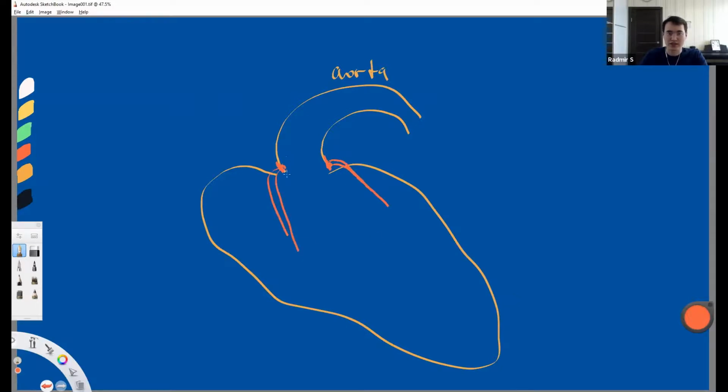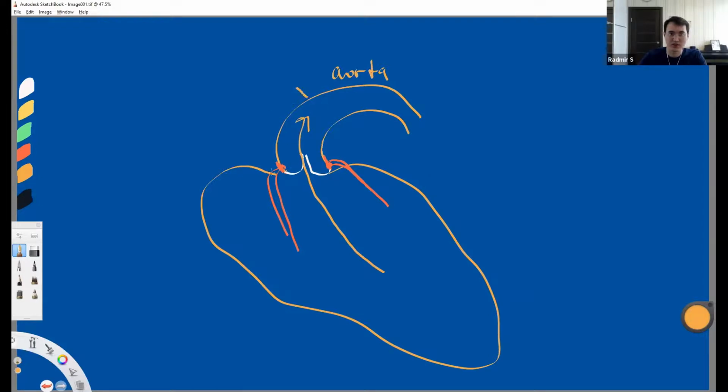And let's say that here we have this valve. So this is the aortic valve. And let's say that the blood is pumped in this direction. So when the left ventricle contracts, the blood gets to the bulb of the aorta.